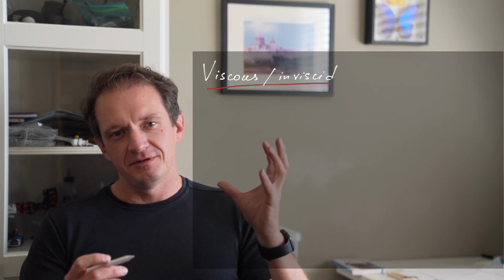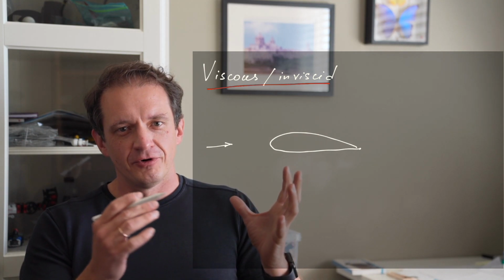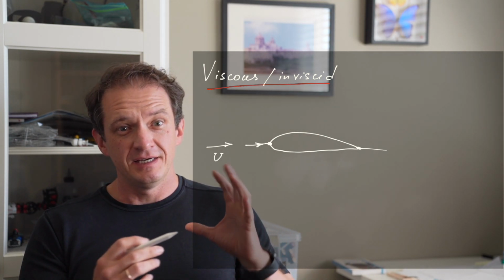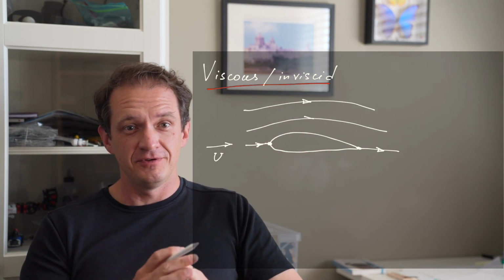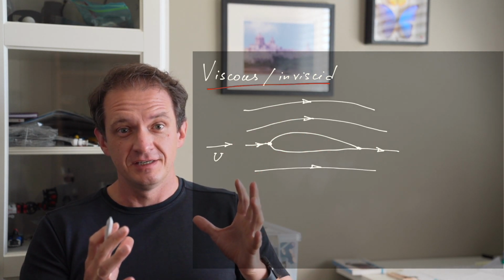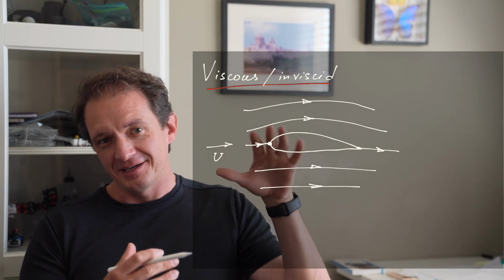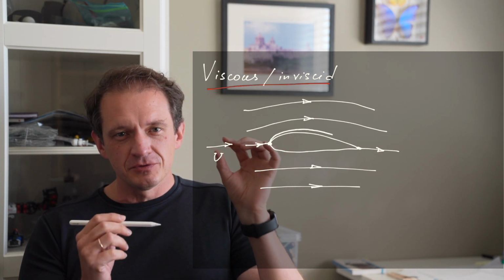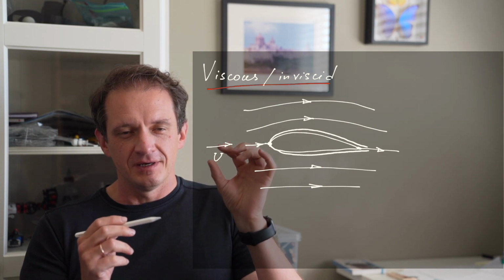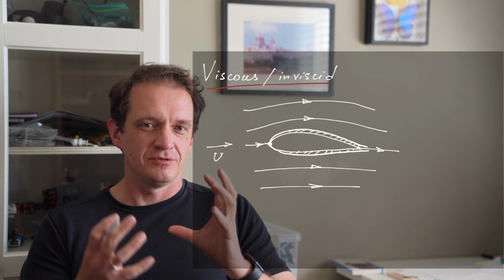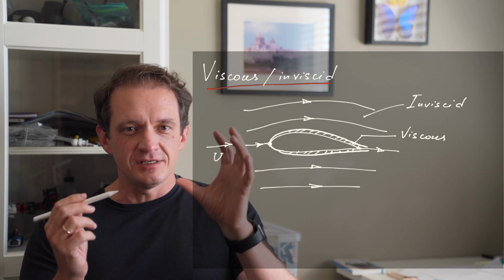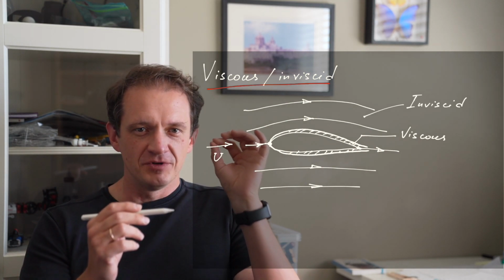So for example, if there is a flow over an airfoil and we draw a streamline pattern, then the flow field is largely inviscid if the angle of attack is moderate. But if we look close to the surface of the foil, we observe the so-called boundary layer. This is where the viscosity slows down the moving fluid particles.